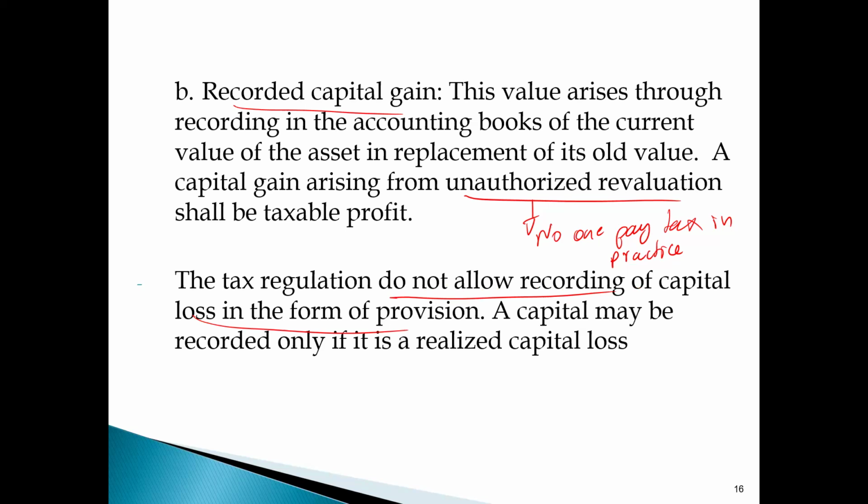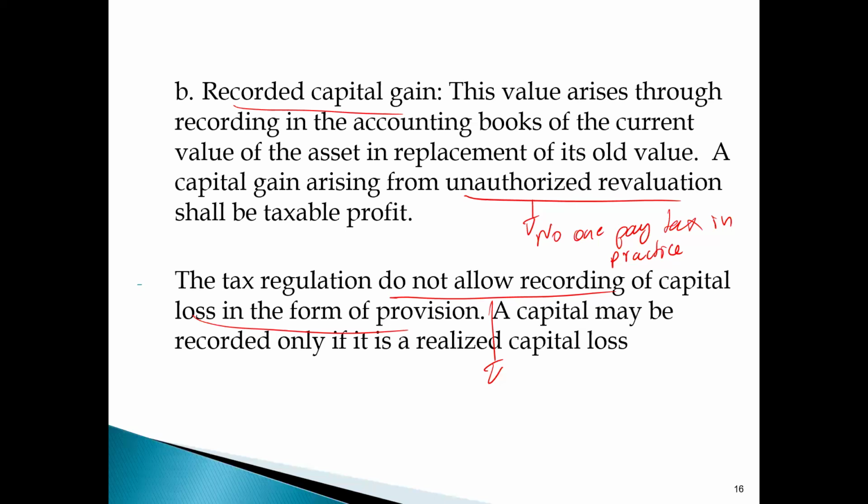But when you record a gain, they want you to pay tax. If you record a loss, not deductible. It's a biased rule. If you record a gain, oh, I want you to pay tax. If you record a loss, not deductible and fair. Okay, so that's the rule.